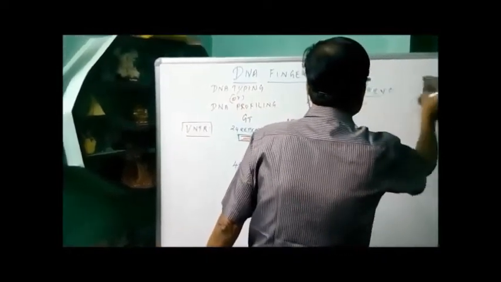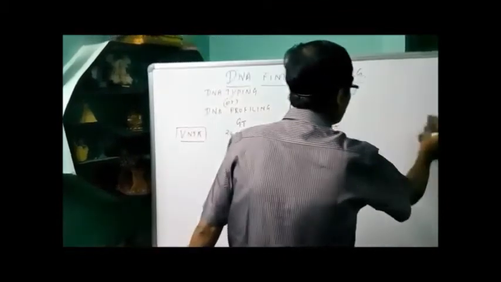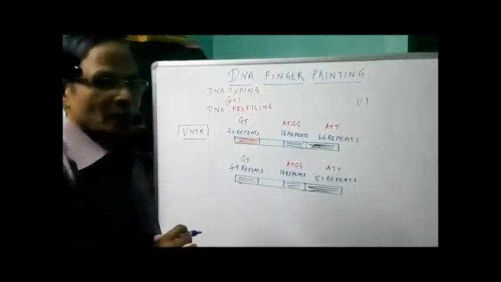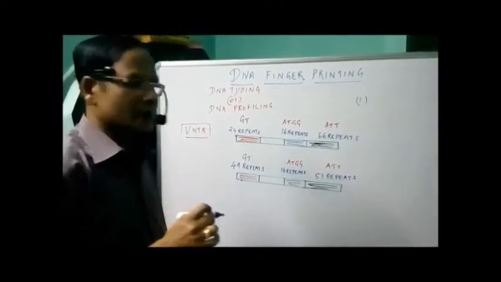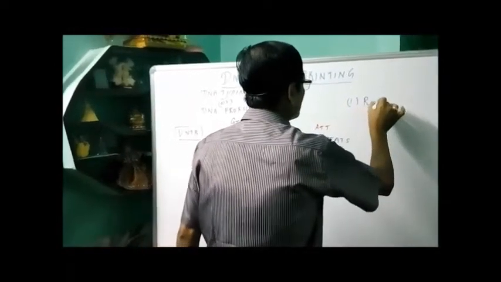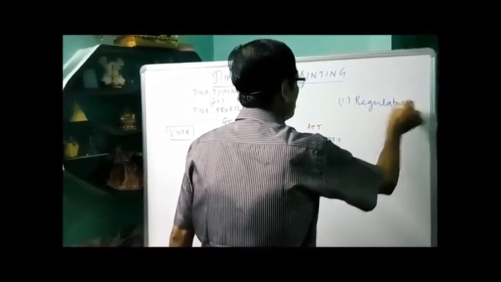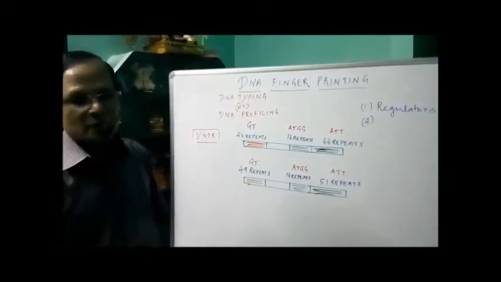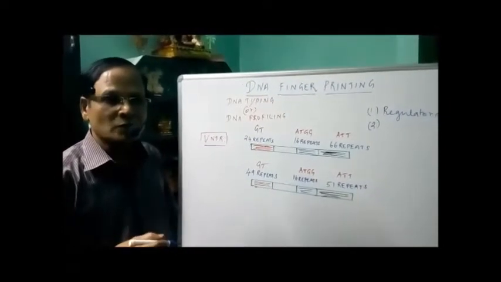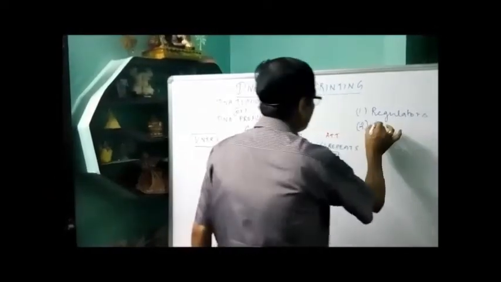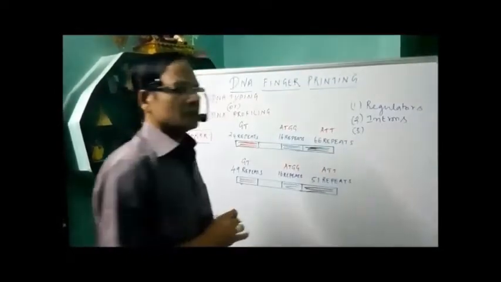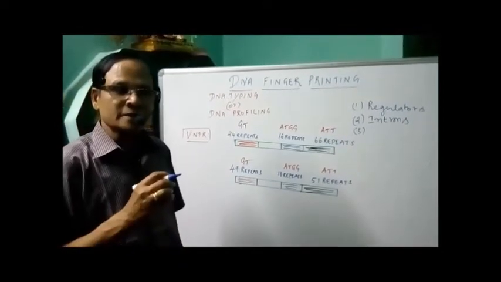Some DNA segments act as intervening sequences, which you have already studied in the case of split genes, the introns. And some segments of DNA act as repetitive sequences.